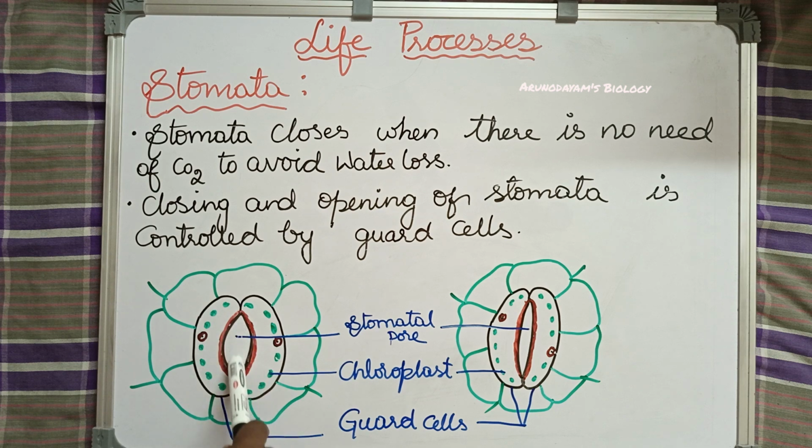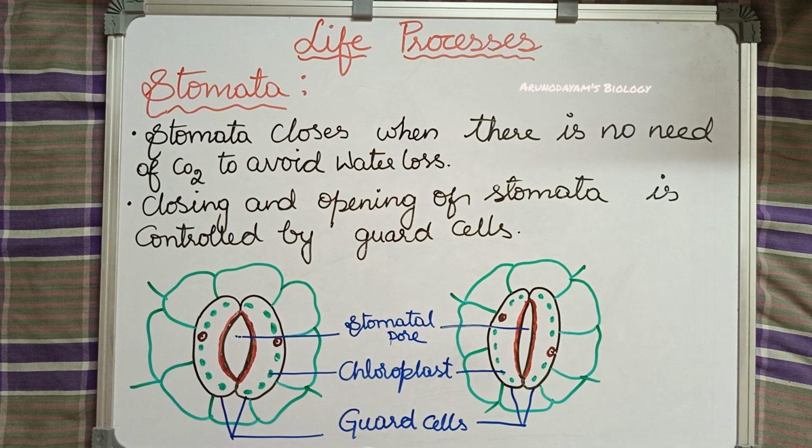So some gap is produced between them. That is nothing but the stomatal pore opening. Okay, that is how a stomatal pore opens. The two guard cells absorb water from the adjacent cells, swell up and open the stomatal pore. Thus, gaseous exchange takes place through the stomata.